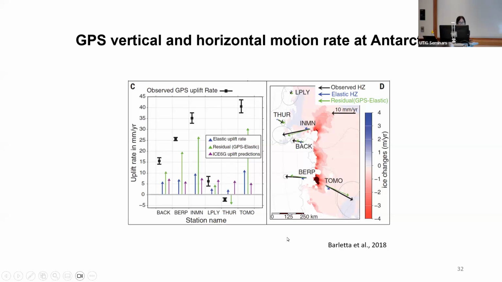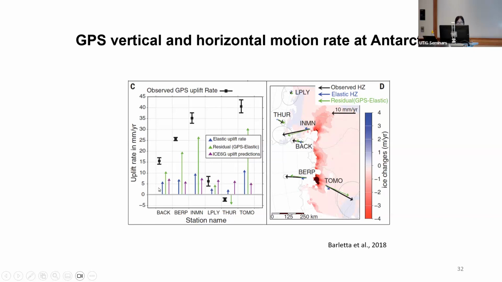Also, there is the GPS data we have now, which I talked about. From Bolanos's studies, they show the observed GPS uplift rate, the vertical and also the horizontal motion of the present rate.